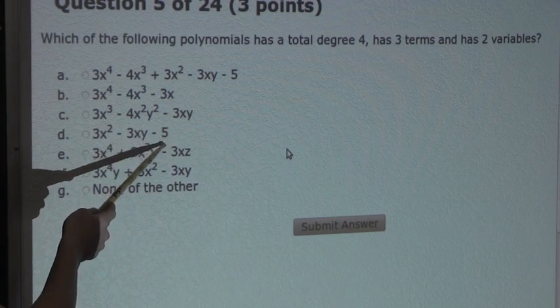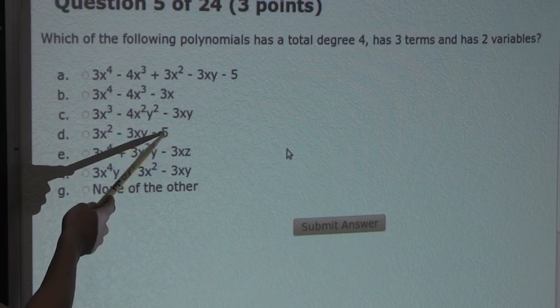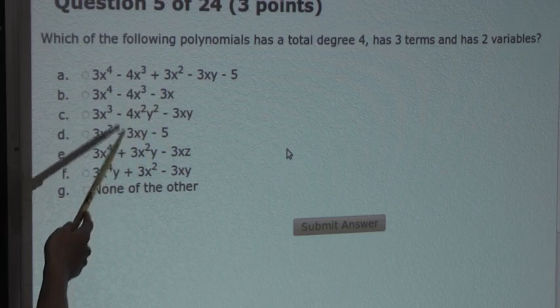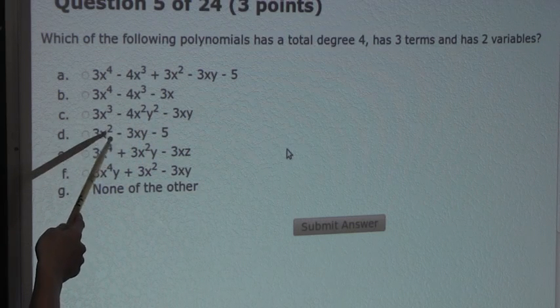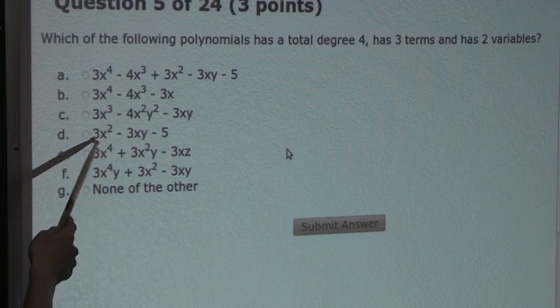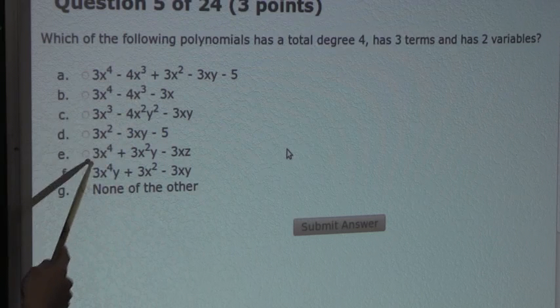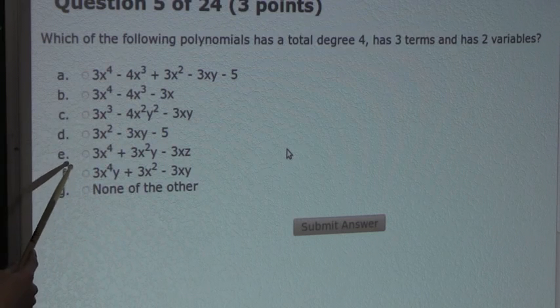Since 0 plus 0 is 0, this term, minus 5, has a total degree of 0. So therefore, since the maximum total degree is only 2, we know that it does not satisfy the conditions. So let's move on to E.